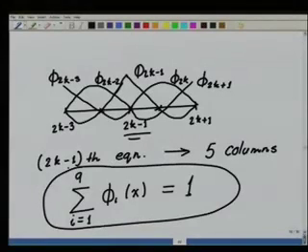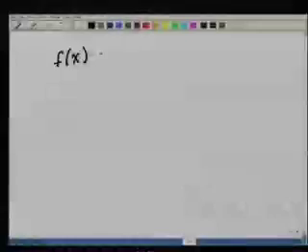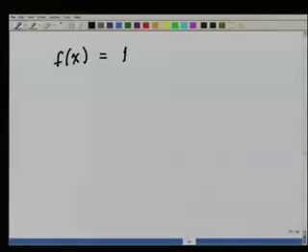Why is it so? Remember, we had said that these functions phi k should be able to exactly represent any polynomial up to a quadratic. So a constant is also a global polynomial which should be represented exactly, and in constant I will take my function f(x) which I want to represent to be 1. This will be equal to sigma u_i phi_i.